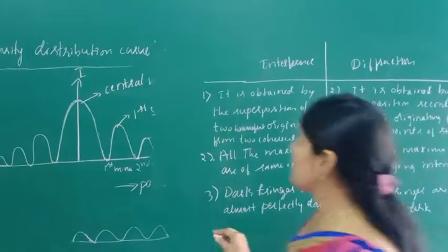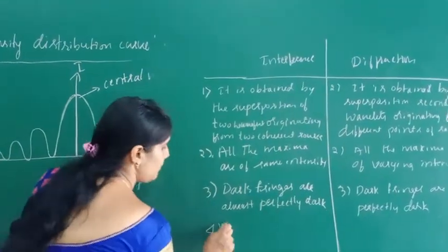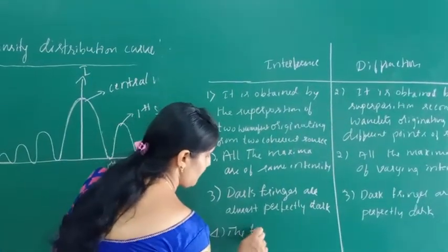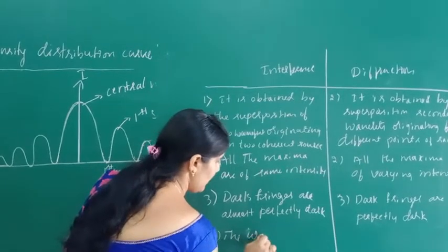Next difference is the fringe width. In interference, the widths of the fringes are equal.